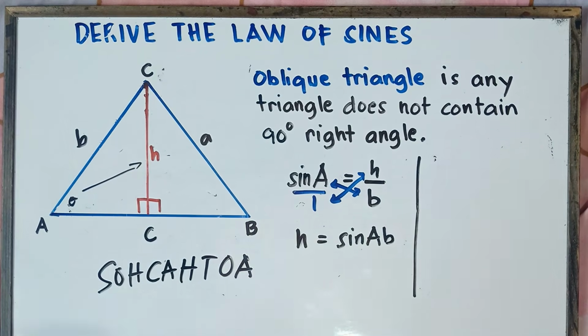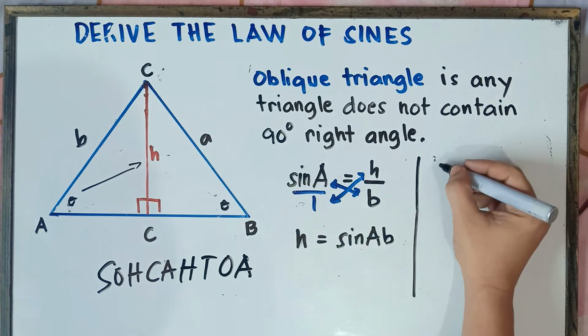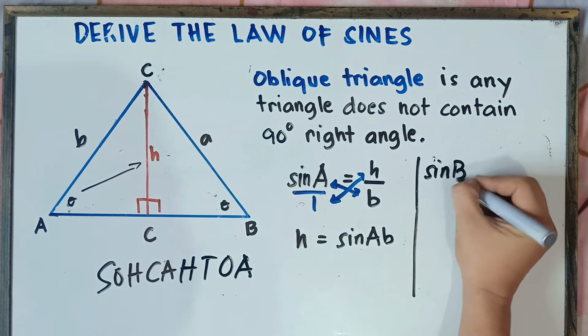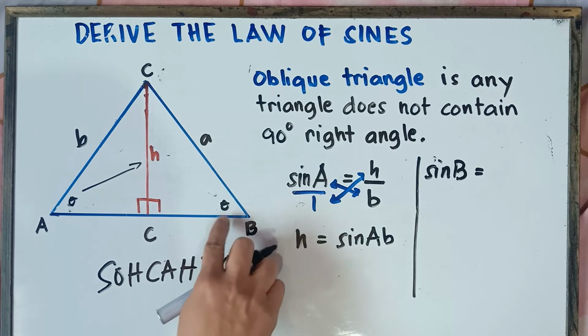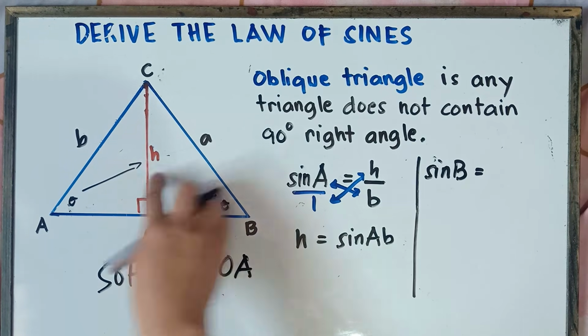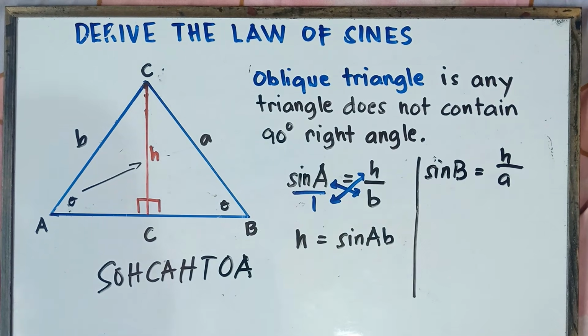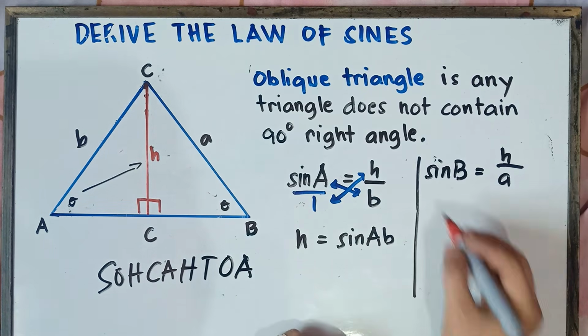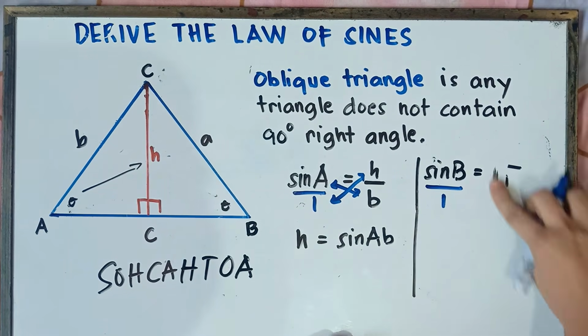Now, what if you're looking for sine B? This will be your reference angle right here, so sine B is equal to opposite, that would be H, over the hypotenuse, which is A. So we can find H by simply doing cross multiplication. Understood that there's a denominator of 1 here; you can put it over 1 because that's okay.